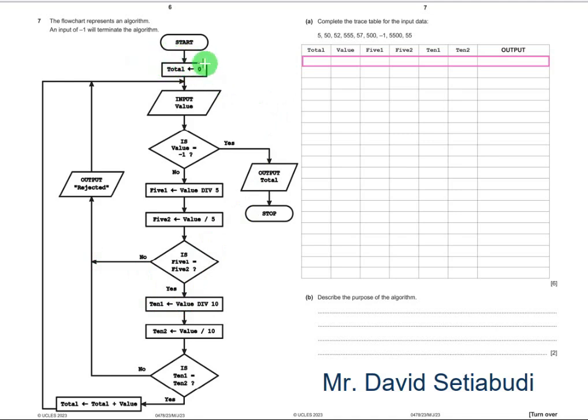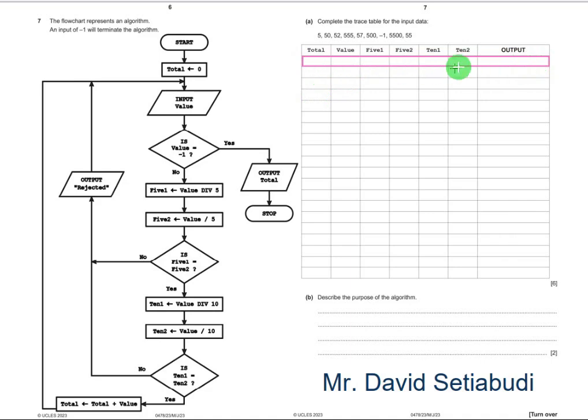Before we begin, you need to know that the first line of the trace table needs extra attention. Don't put any input numbers for the first row over here.